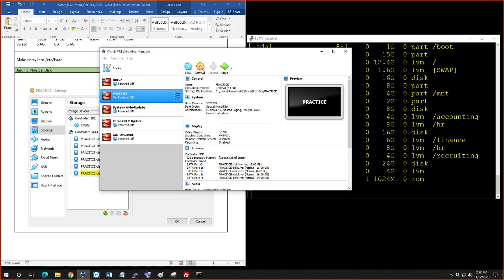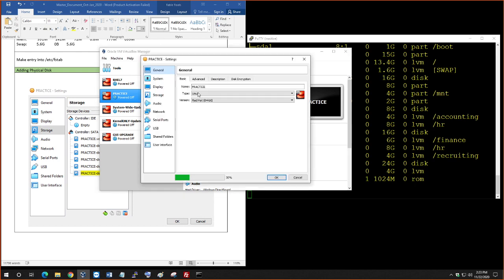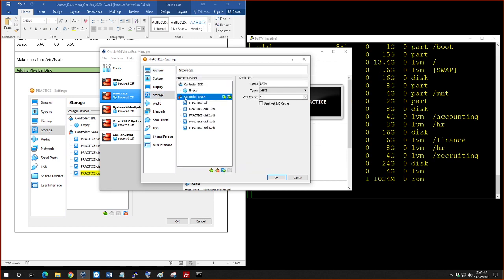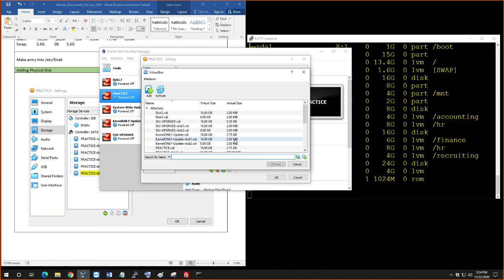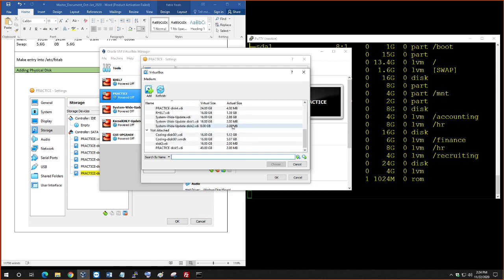I'm going to go into settings and it's kind of frozen. Okay, controller SATA, I'm going to add. I think I already did this, so I have to select choose, and I'm going to select practice disk 5.